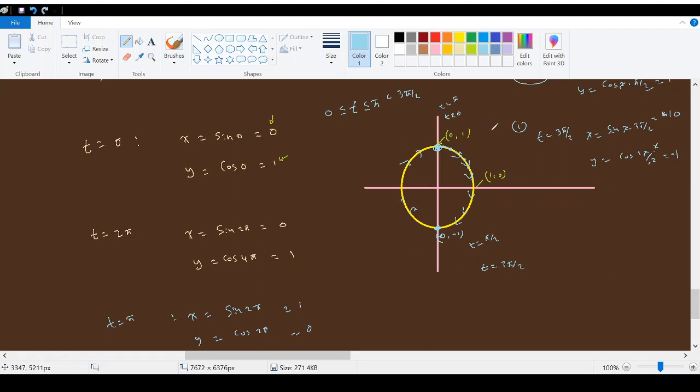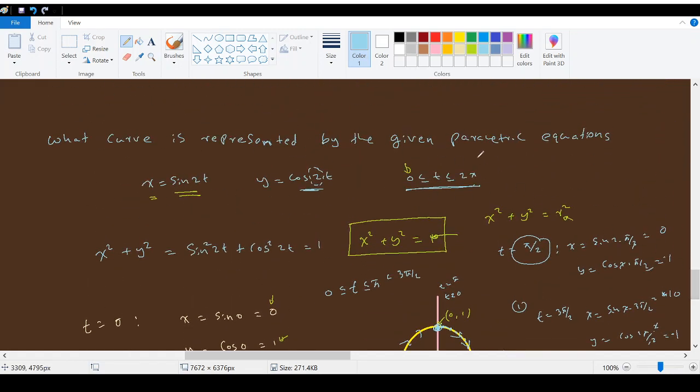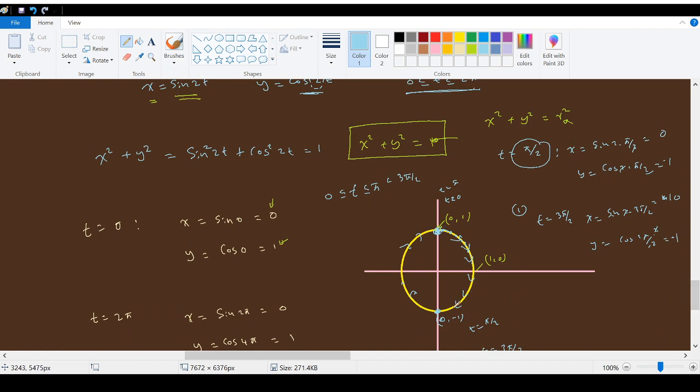For the remaining values, it starts going on the same path one more time. So at the end of t equals 2 pi, this curve has completed 2 rounds across the same path. That's a nice property which you can find when you express the curves in a parametric format.